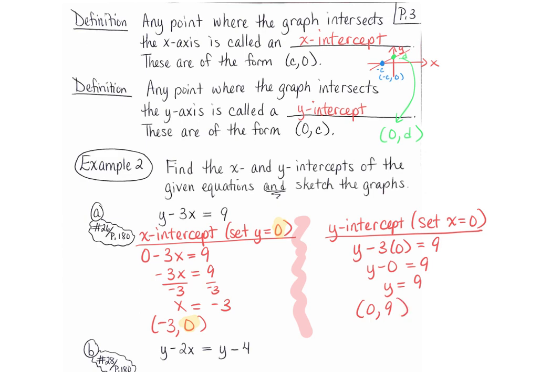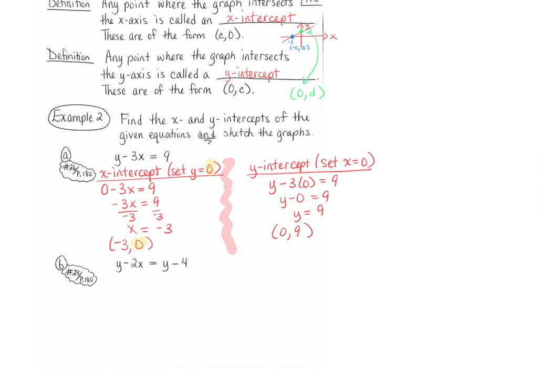Perfect. So now we want to graph. Sketching the graph, we plot those 2 points that you found. We go over to negative 3 and plot this point. That's our x-intercept. And then we plot our y-intercept. Go to 0, go up 9. And then we draw a line. So there you go. That's y minus 3x equals 9.